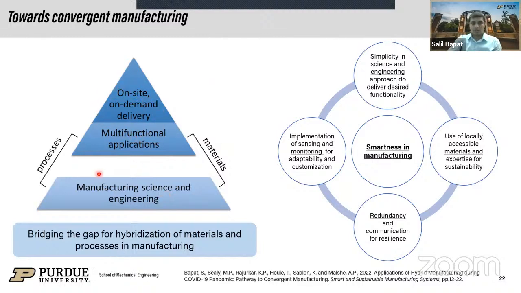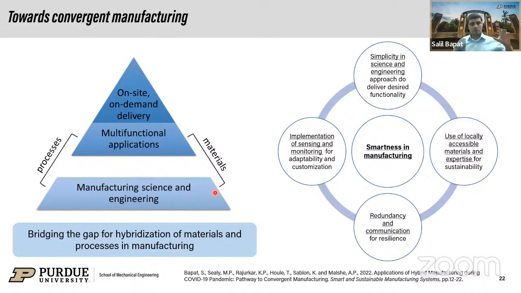But what is missing is that there is a gap in between, and that gap, as we see, is processes and materials. So what I mean by that, I took an example of human tooth, and I mentioned the fact that you need to have multi-materials. You need to have composite materials, a ceramic and a polymer, or a metal and a polymer. The manufacturing science or the manufacturing processes that we have at hand, at least at this time, are siloed.